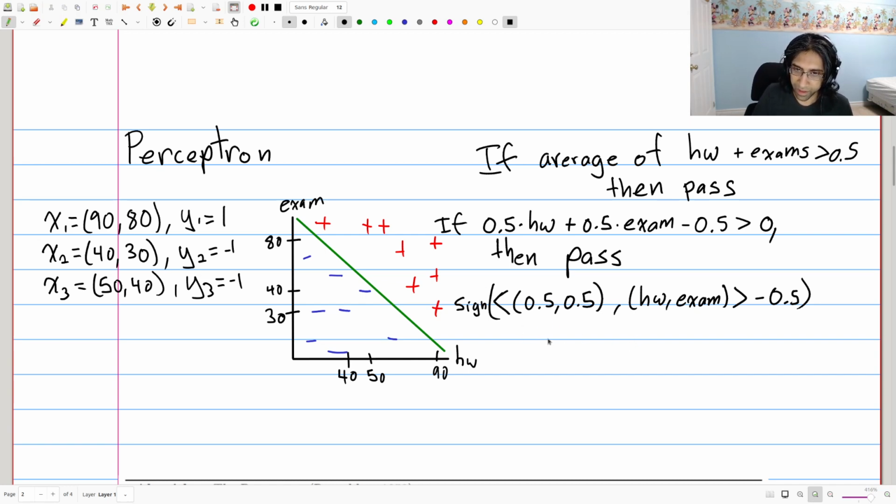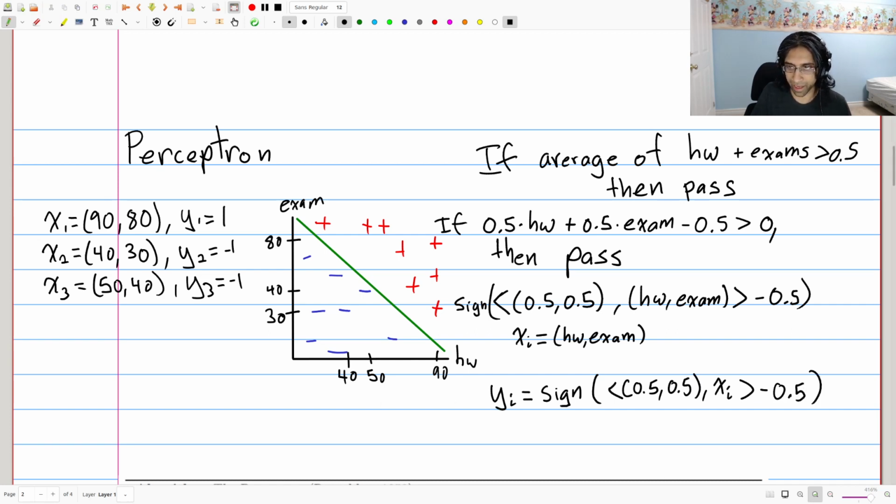But that's interesting. So there's a very nice and convenient way to represent this function. In fact, let me just write it even simpler. Let xi equal the tuple of homework and exam. Now we can write this as yi equal to sign of (0.5, 0.5) dot xi minus 0.5.